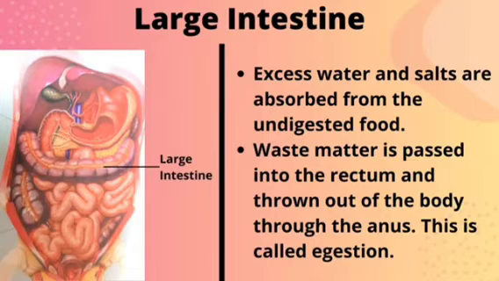The undigested matter is now in a semi-solid form, once the water is absorbed back into the body. The undigested food or the waste matter, which is also called the fecal matter, is removed through the anus from time to time. We cannot keep that in our body, isn't it?